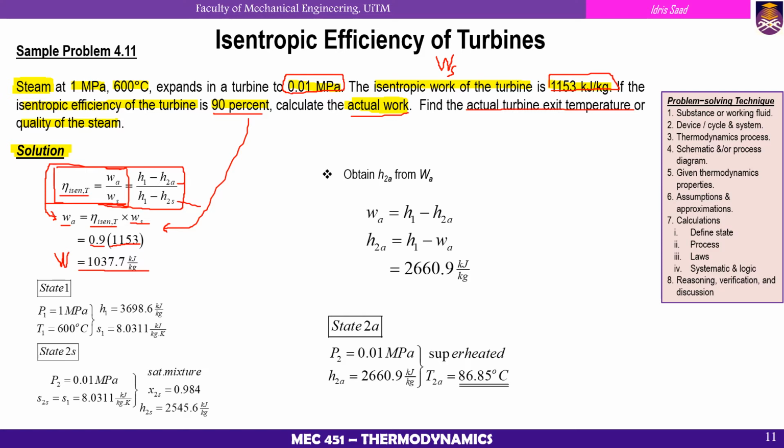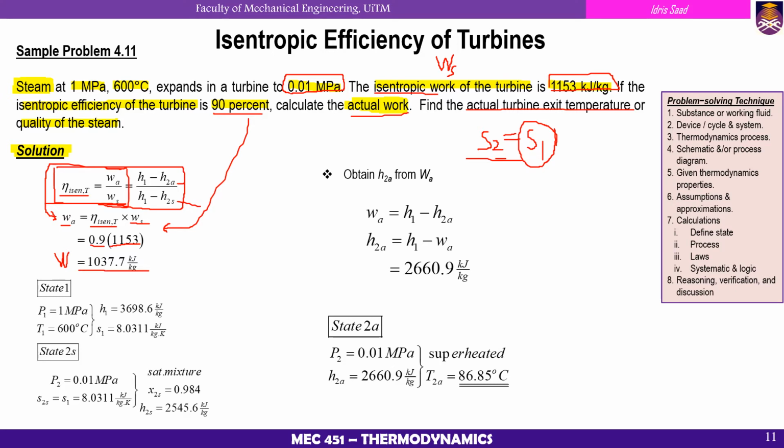Therefore, we could not define state number 2. However, we can use the other way around, which is isentropic. We know that for isentropic, S2S is equal to S1. So we have to determine the value of S1 first before we can proceed to the exit of the turbine.